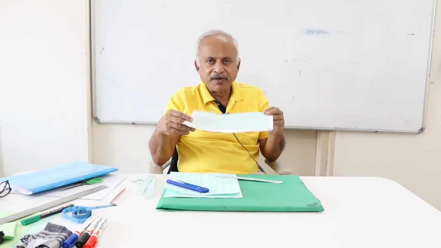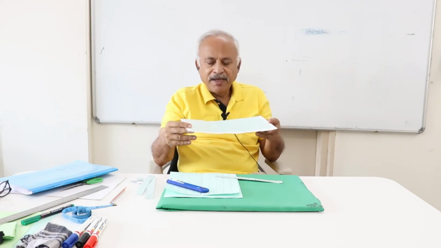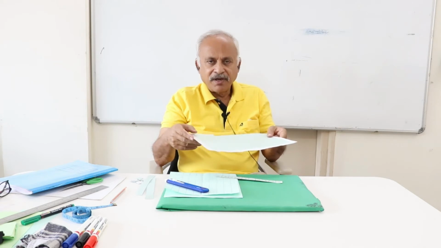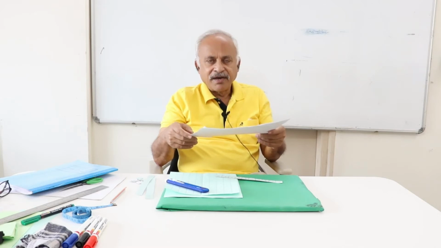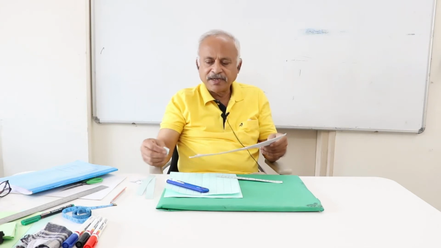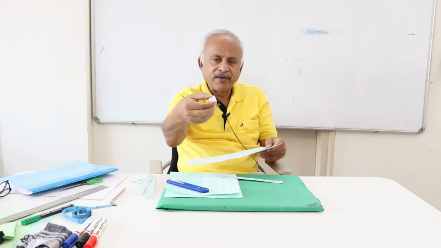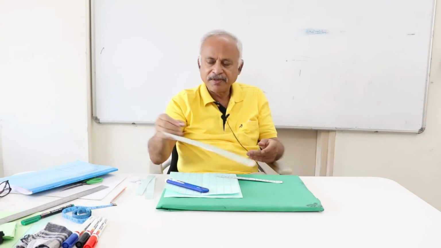So now let us make our kit of ones and tens and hundreds, for which what we have done is pasted graph paper onto a card sheet, and then we cut out our ones, our tens, and our hundreds. So I have taken a 2 centimeter by 2 centimeter square for our ones. These are our ones.